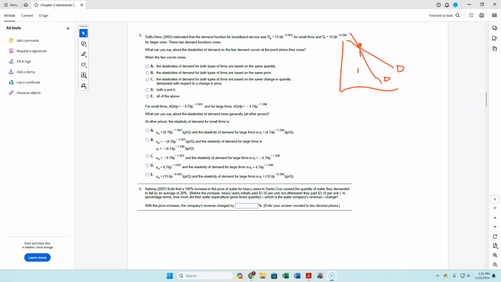Well, yeah, because it does go down here. Are the elasticities of demand based on the same price? Yeah, they are. The elasticities of demand are based on the same change in demand with respect to the change in price. Well, no, because once we start changing it, we actually would start to move along these curves. So C is not true. And because C is not true, then E can't be true. Both A and B were true. Thus, we're stuck there.